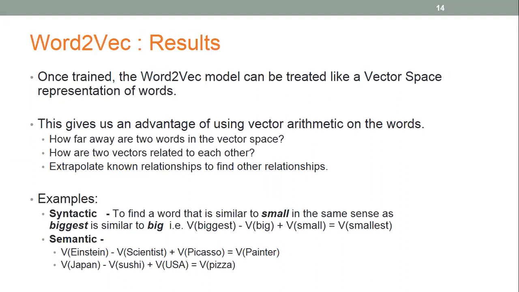And again, this is a result that they have shared. One of the more famous results, whenever you Google Word2Vec, the first interesting result that comes up is always the vector of king minus the vector of man plus the vector of woman gives out the vector of queen, which was kind of surprising.